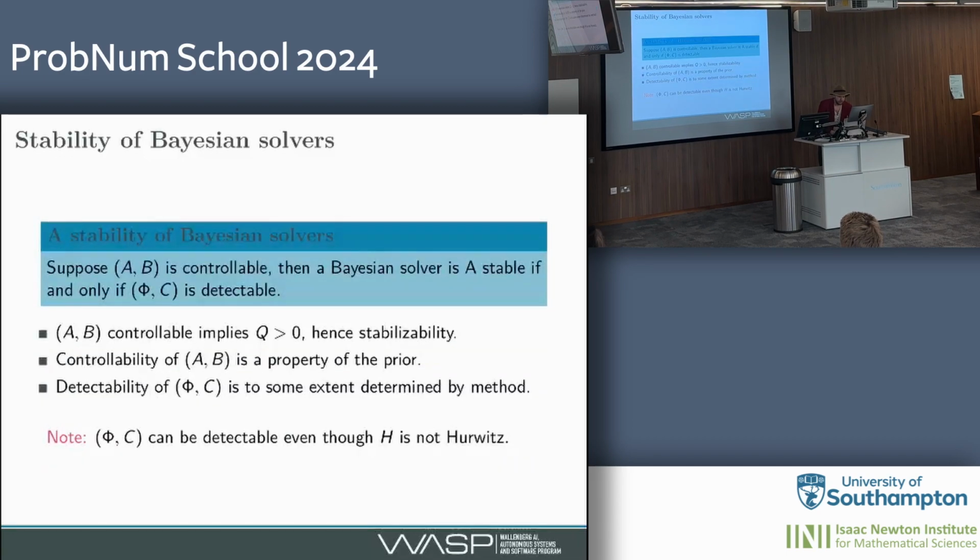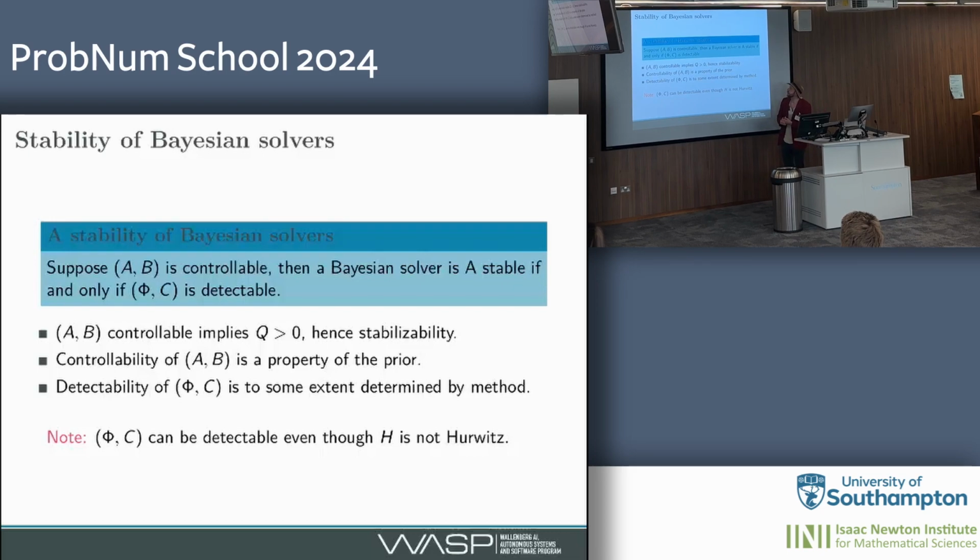Now, I'm not going to go into details and derive a bunch of things, but we do get this sort of analysis for free in our case, because we're using these linear Gaussian state space models, and these are pretty well studied from the perspective of systems theory and control theory.